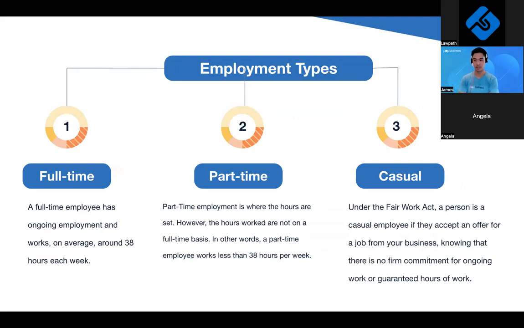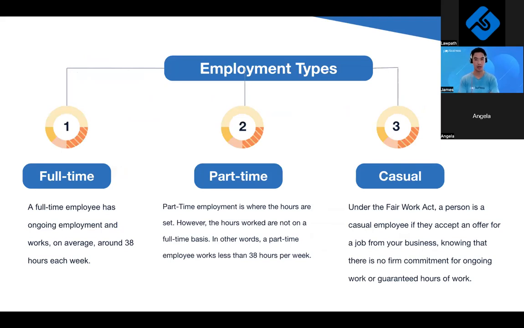So the different types of employment: you have full-time employees, and a full-time employee by definition of Fair Work Australia is someone who has ongoing employment and works on average 38 hours a week. That's very important. There is a commitment of ongoing employment, and this could be on a permanent basis or a fixed term contract.